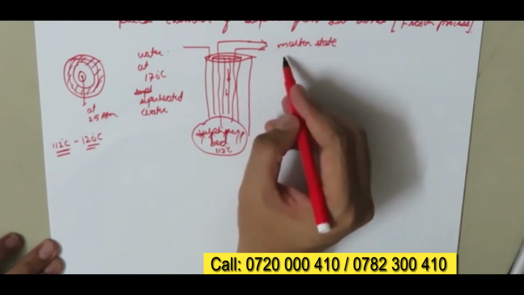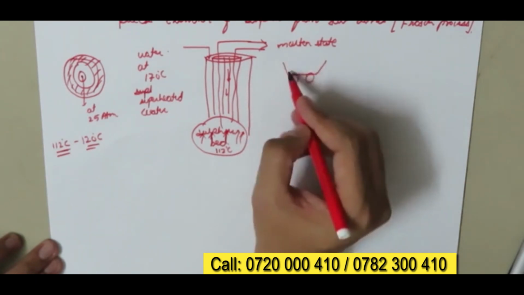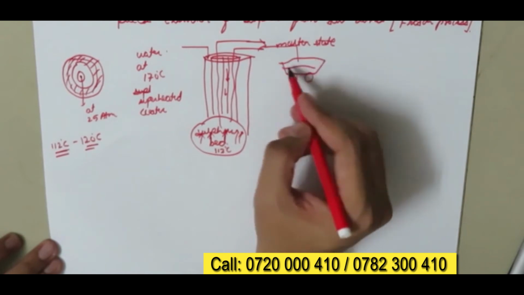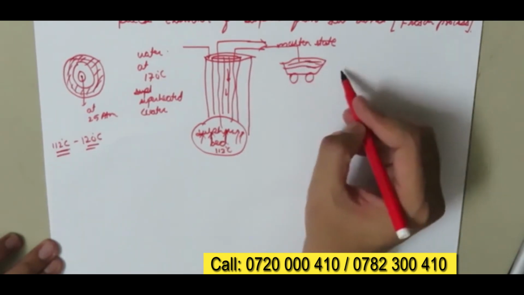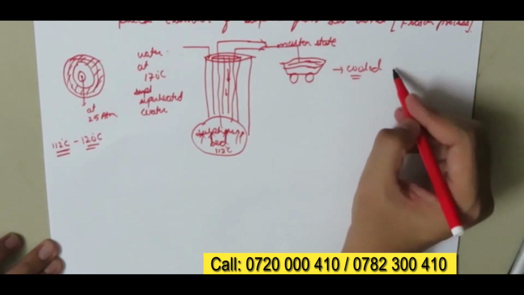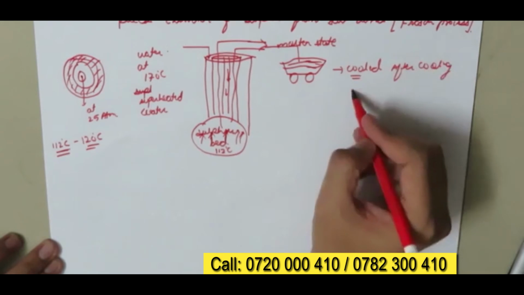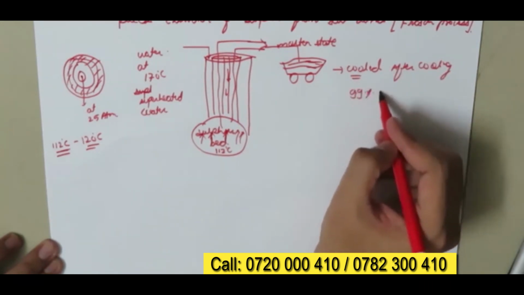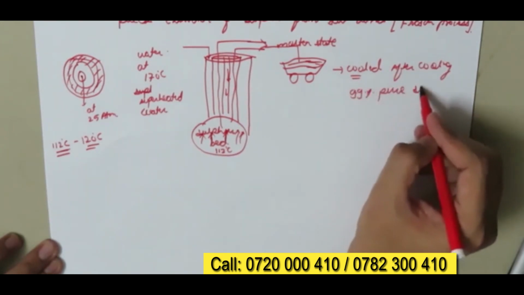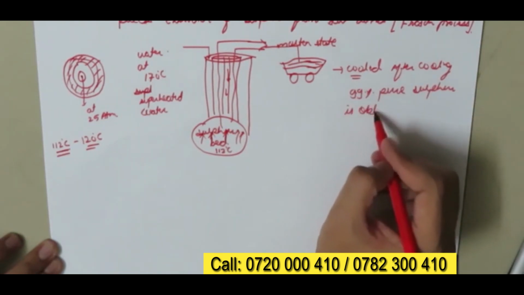This molten sulfur is collected in trolleys and then it is cooled, and after cooling 99% pure sulfur is obtained.